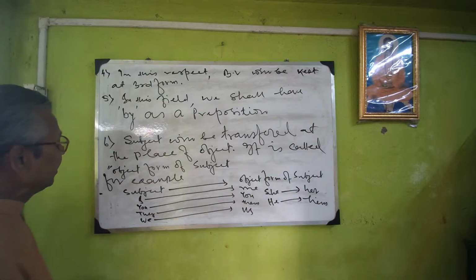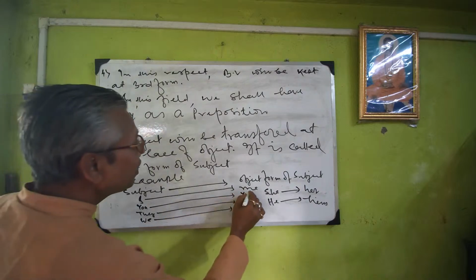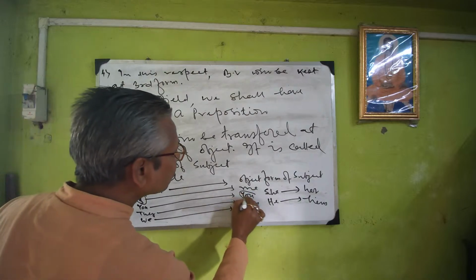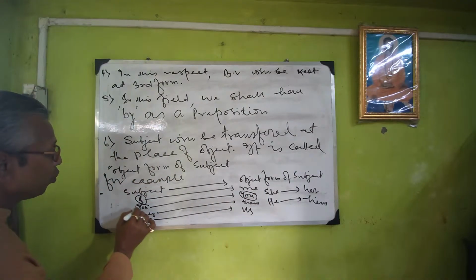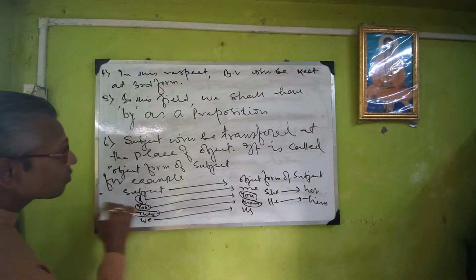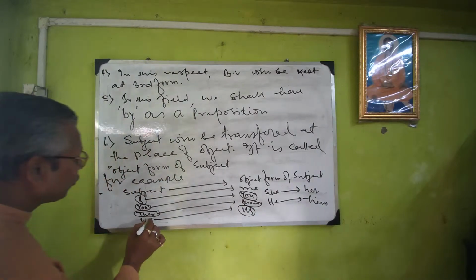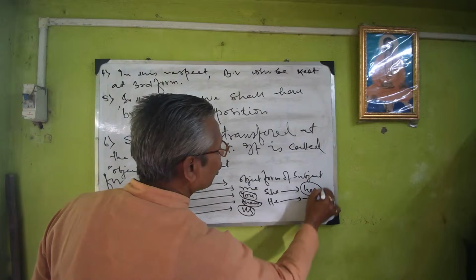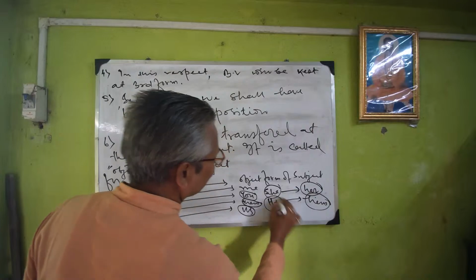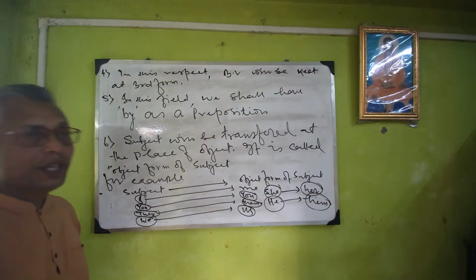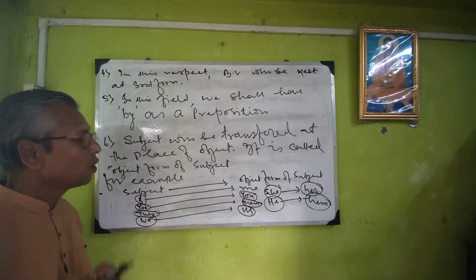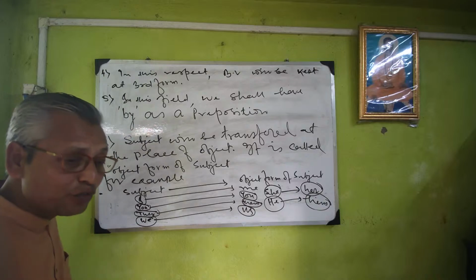Me is the object form of I, you of you, them of they, us of we, her of she, him of he.